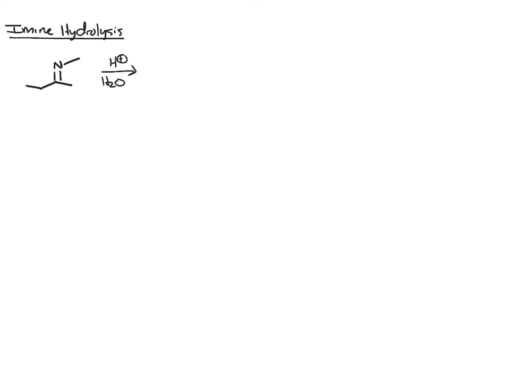So the hydrolysis, you can write it as H plus some water or H3O plus, something like that. Now the carbon that's double bonded to the nitrogen after hydrolysis becomes an aldehyde or a ketone. In this example, a ketone. And then the nitrogen comes off, and you just add 2 hydrogens to it to get the amine.